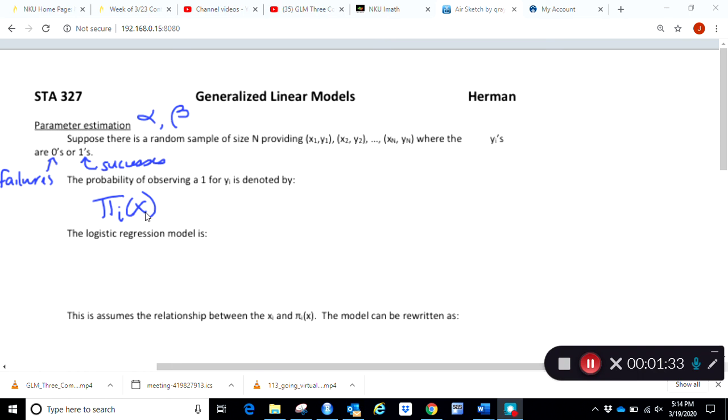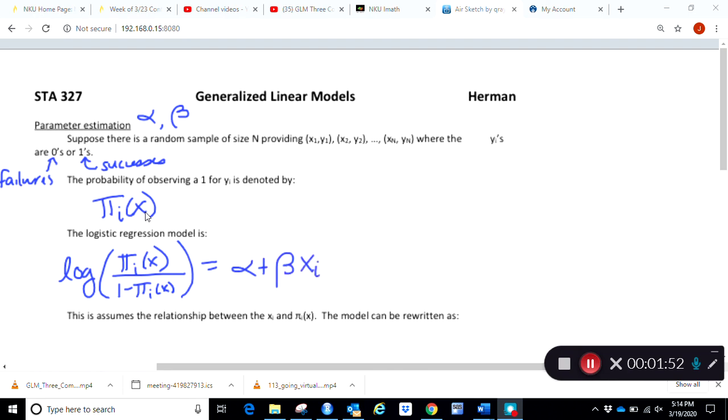So then my logistic regression model will be written as the log, again remember, natural log, of pi_i of x over 1 minus pi_i of x is going to be alpha plus beta x_i. And i is going to go from 1 up to our number of observations that we have.